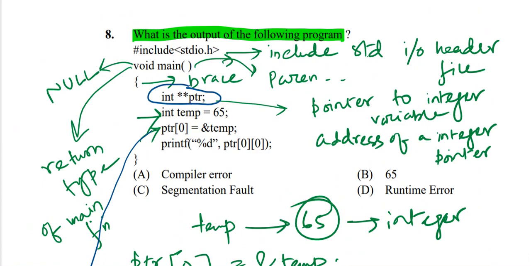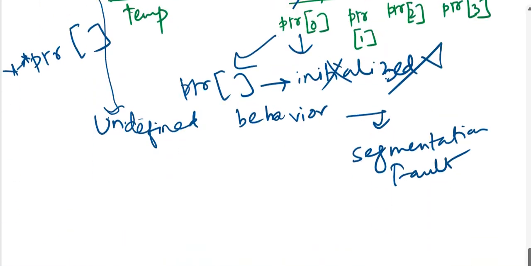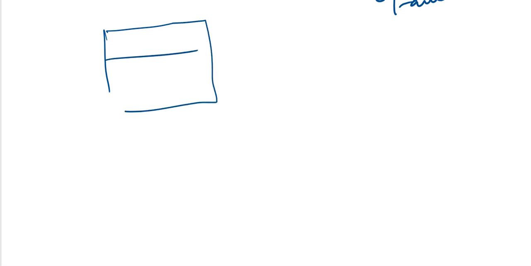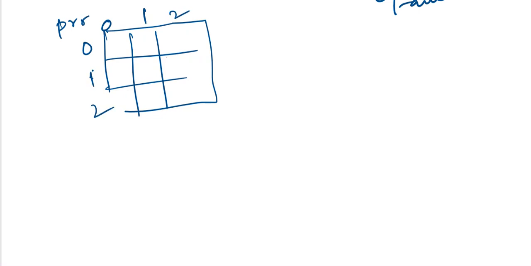When we print this line, printf of %d with ptr[0][0], that means pointer of a 2D matrix array. 0 0 means here a 2D matrix array. That means in 2D, the first one is stored in row 0, with elements 0 0, 0 1, 0 2, 1 0.